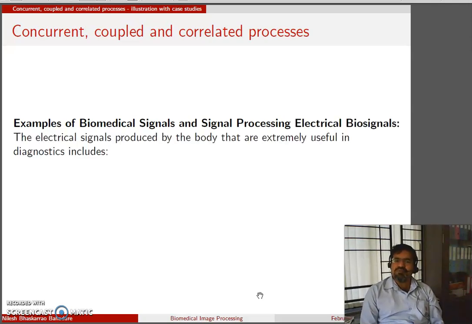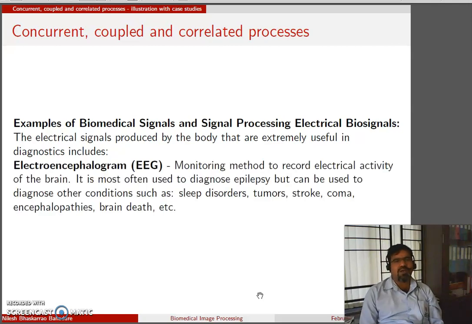The electrical signals produced by the body that are extremely useful in diagnostics include the electroencephalogram. In the very first topic, when we started this unit, we discussed EEG, ECG, and the different parameters. Let us again recall what the purpose of EEG is. It is a monitoring method to record electrical activity of the brain.